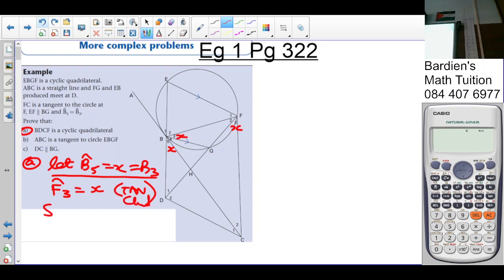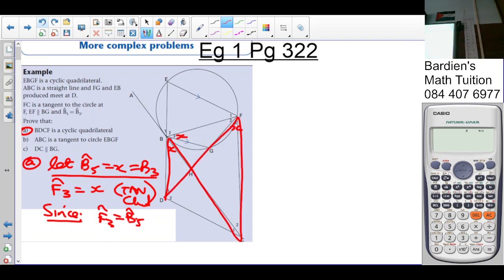So now I can state the obvious. Since angle F3 is equal to angle B5. Right? Can you see here? There's the bow tie or the butterfly.